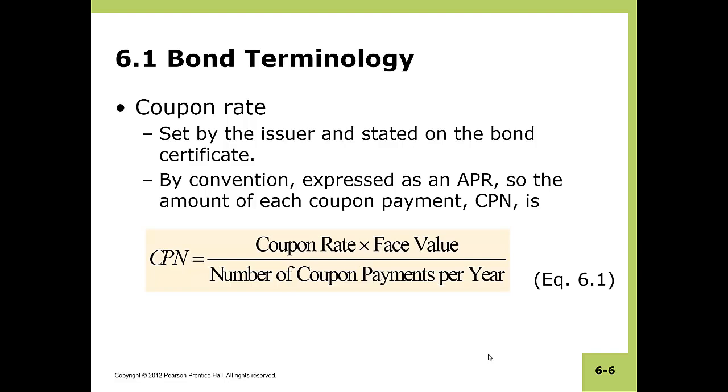So it is an APR, annual percentage rate, and the rate of each coupon, such as if it were 6% on a $1,000 bond, then it would pay $60 a year. Or if it were every 6 months, it'd be paying $30 every 6 months. And there's the formula, but it's just the amount of interest paid periodically.